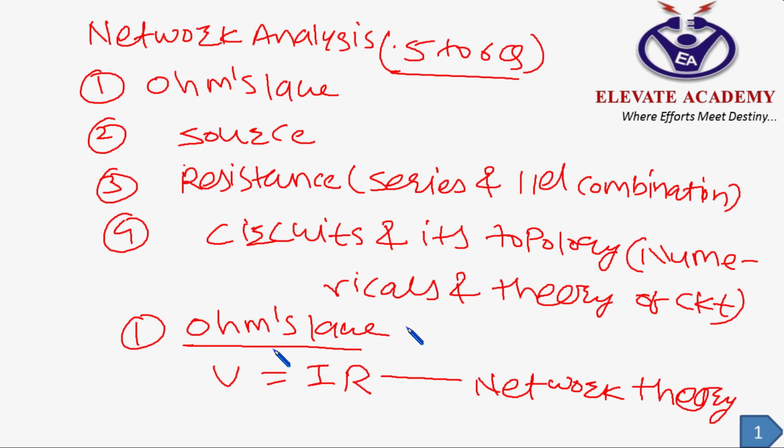A simple question may come on Ohm's law. What is Ohm's law? What is the constant in case of Ohm's law? Like that. So this will be the first part in the network analysis. Very simple part, but there should be some detail. You need to study the details of Ohm's law while preparing network analysis.